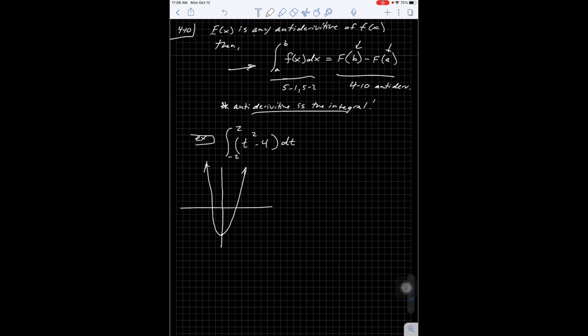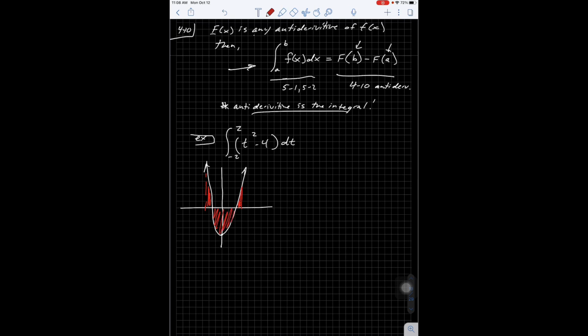And I want to find the area under the curve between -2 and +2. It's not to scale, it's just a sketch.